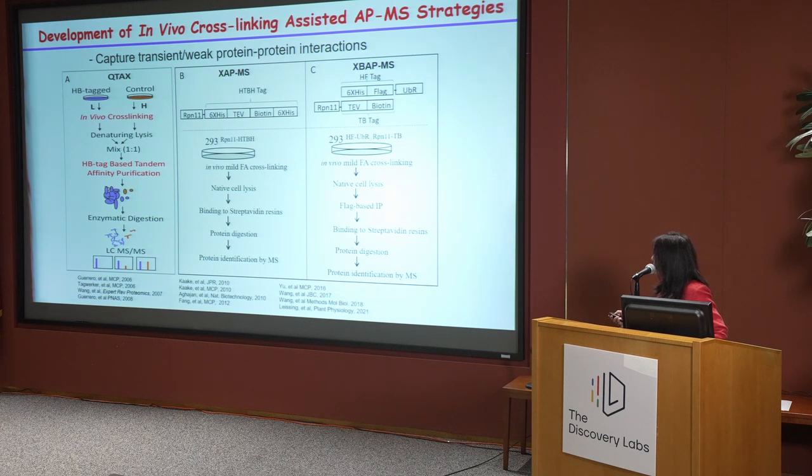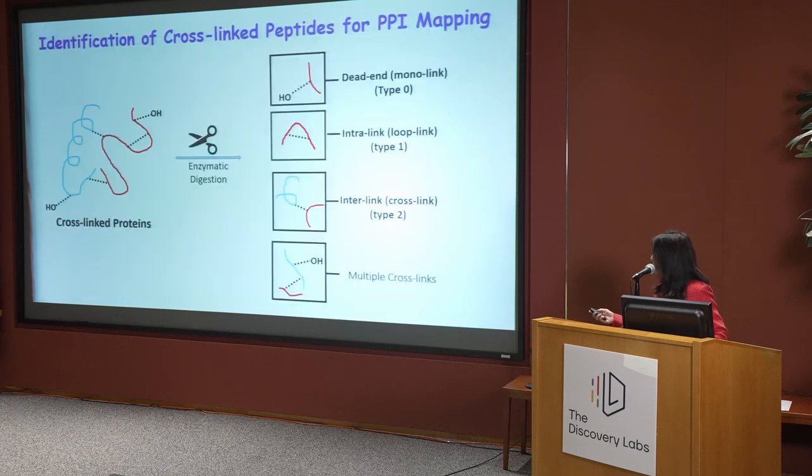We found that we can modulate the in vivo cross-linking conditions to allow us to purify not only under denatured conditions, but also under native conditions, to preserve the interaction as well as the structure and functionality. So these are different approaches to capture the interaction for different purposes.